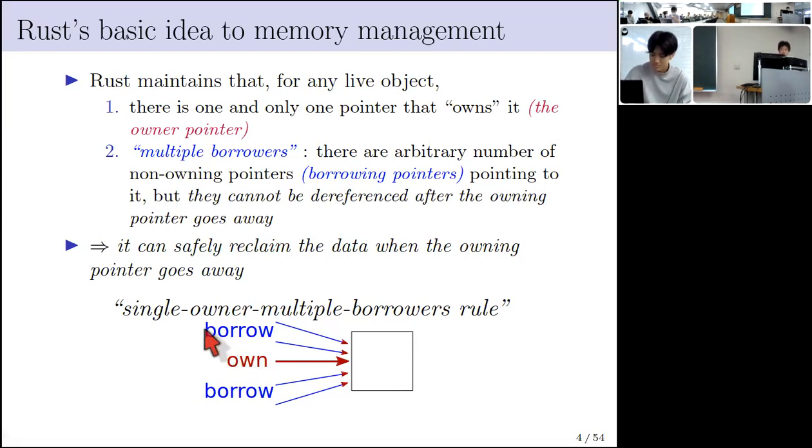Of course, you can have other pointers pointing to it, but they are called borrowing references. One thing that is crucial for this to be safe is that a borrowing pointer should never be dereferenced after the owning pointer is gone, after the data itself is gone. It is not safe to dereference these borrowing pointers after the owning pointer is gone. This is the basic idea.